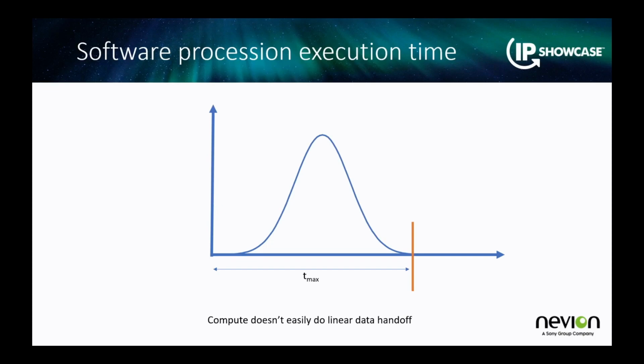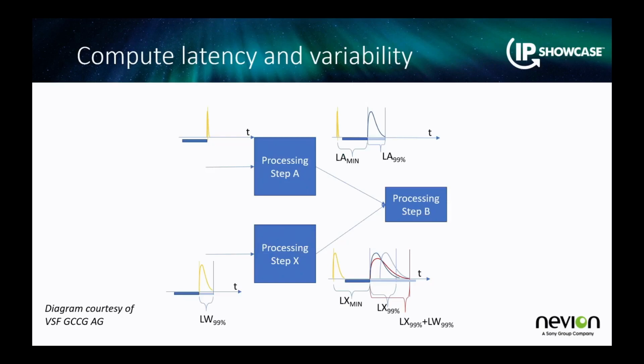So if we're trying to compute time and work out what's going to happen, we need to allow for, in our arbitration, the worst possible time, or the longest time that function is going to take. I'm going to show again part of a diagram that John showed in the previous presentation from our GCCG work, where we're looking at the impact of concatenating those timing functions.